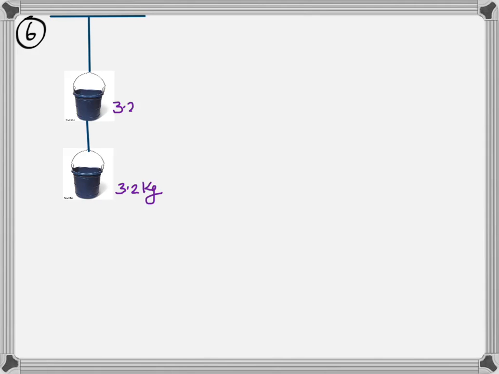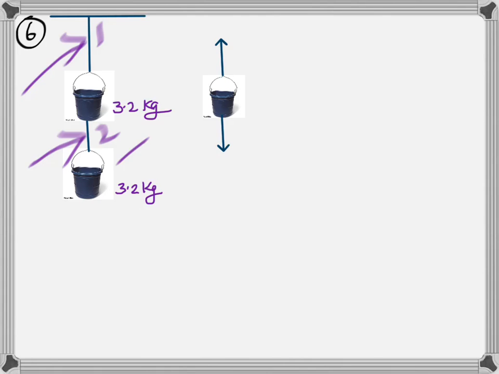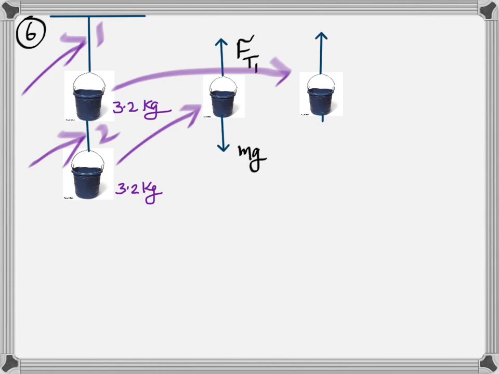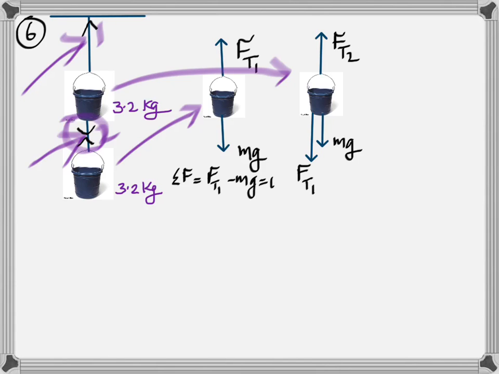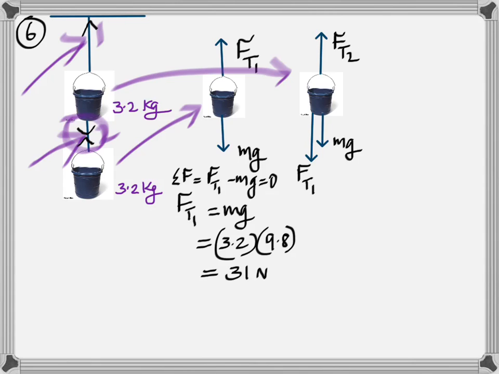Question 6. There are two buckets, both of the same mass. First the free body diagram for the lower bucket, and then for the upper one. That's on the lower bucket, 31 newtons.